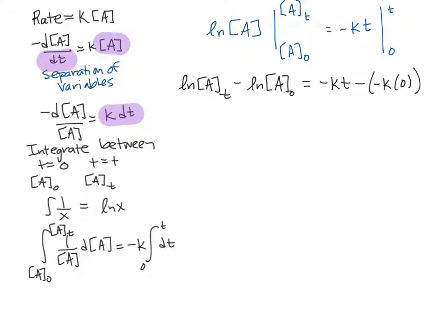This last chunk at the end will end up being 0, so we won't have to worry about that portion of the equation. Now to make it pretty and to match the equation that's in our textbook, I'm going to add the natural log of the initial concentration to both sides.